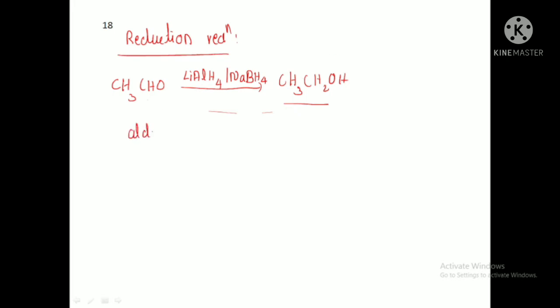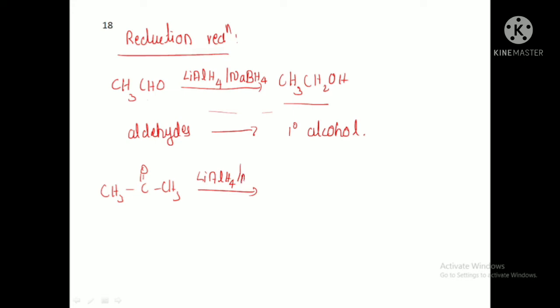Aldehydes on reduction will give primary alcohol. If I take a ketone, CH3COCH3, on reduction with the same reagent, lithium aluminium hydride or sodium borohydride, it will form CH3CH(OH)CH3, that is a secondary alcohol.